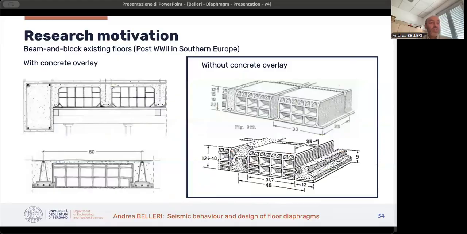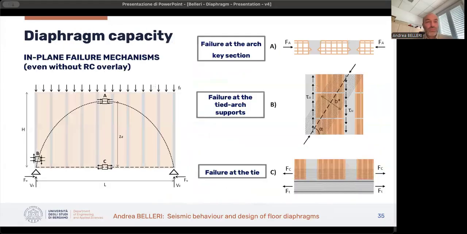We consider specifically blocks without the concrete overlay, which are seen as, let's say, the more fragile. This arch mechanism could develop in-plane even without a reinforced concrete overlay. Specifically, there are three possible sources of failure of this mechanism.